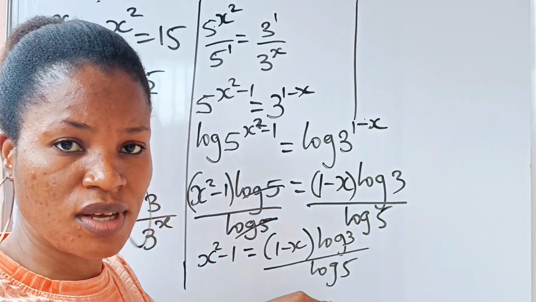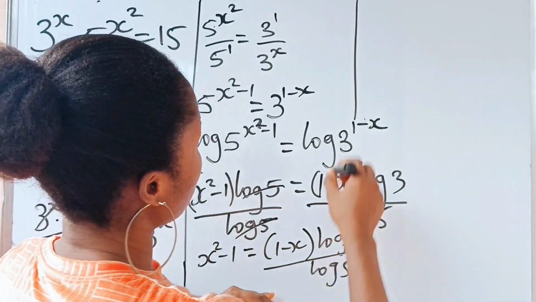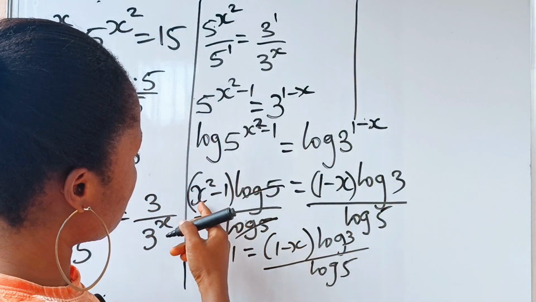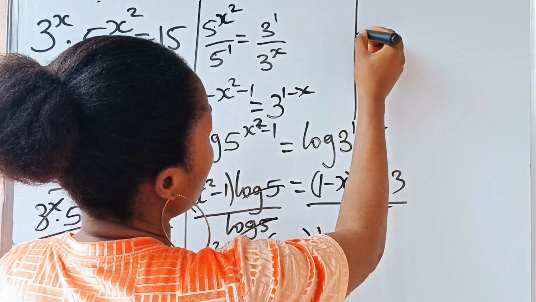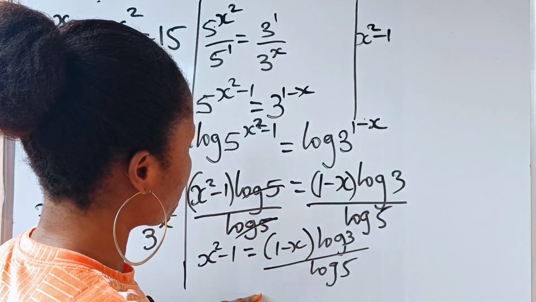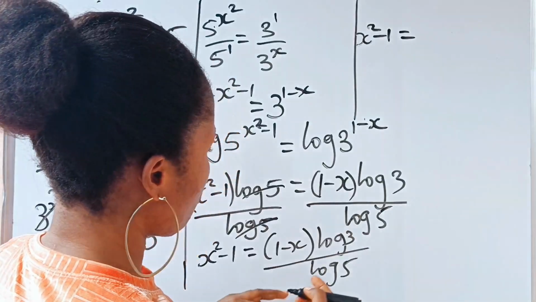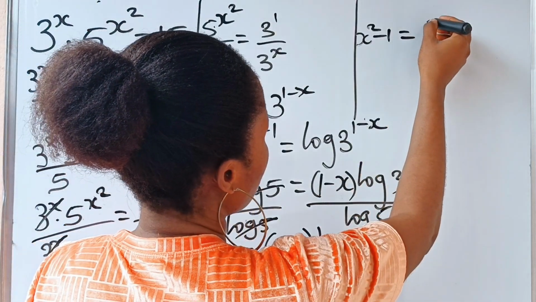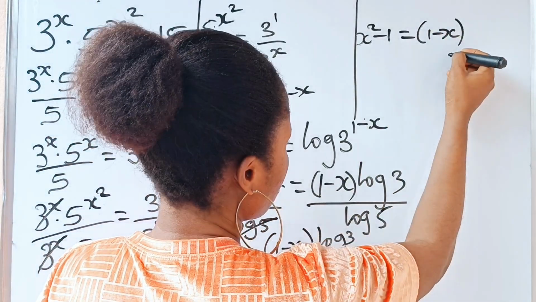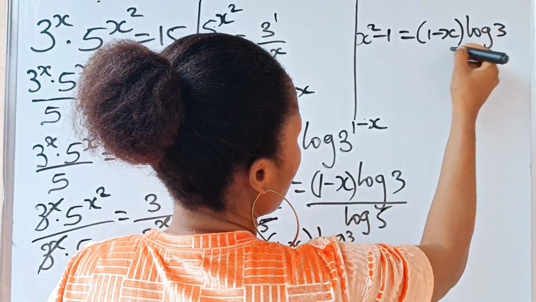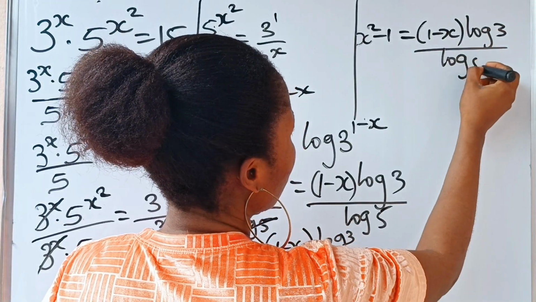This is what I wrote in case you missed it. So when this cancels this, we have x squared minus 1 remaining. So we have x squared minus 1 is equal to, now we have the whole of this, right? That is 1 minus x times log 3, everything divided by log 5.